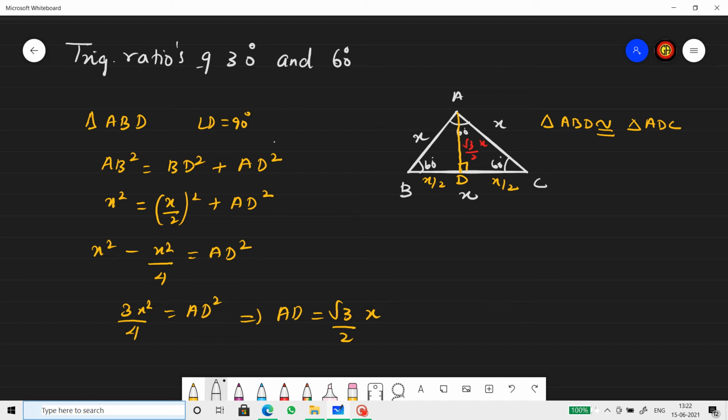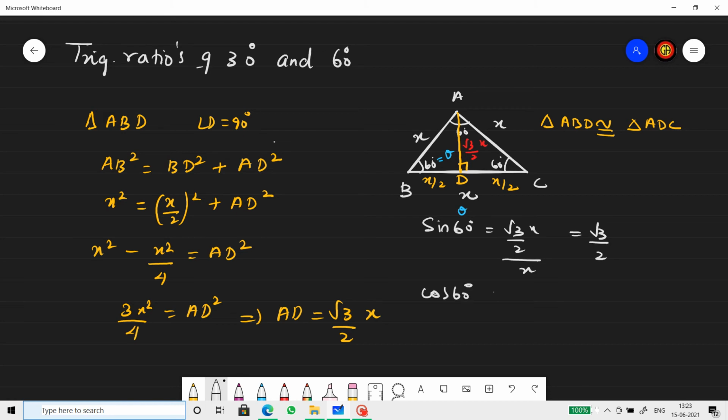Right? Now let's get into the ratios. Sine 60. So 60 means the theta is here. Remember, the theta is here. So opposite will be root 3 by 2x by hypotenuse x. So it's root 3 by 2. Cos 60.